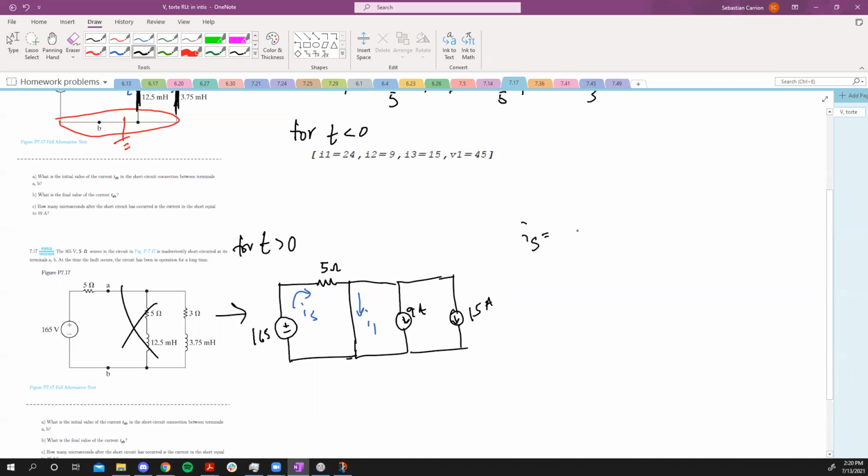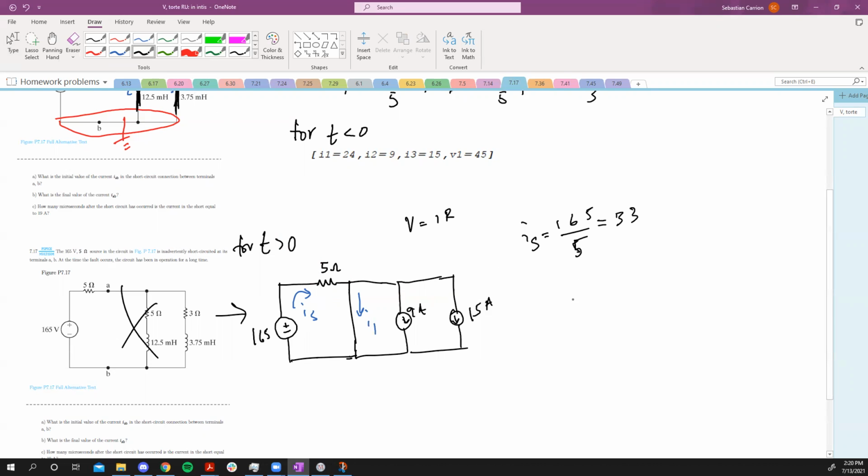IS is equal to, by Ohm's law, V over R, 165 over 5, which is 33.